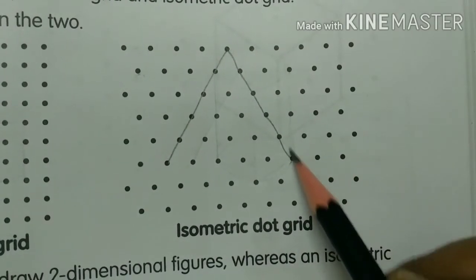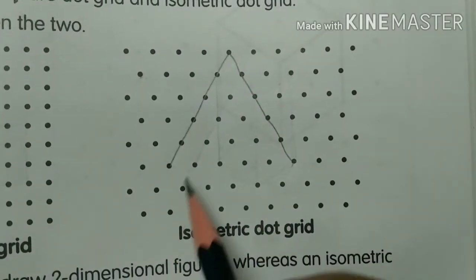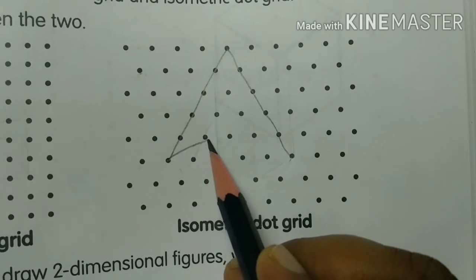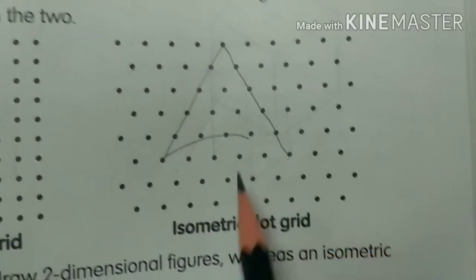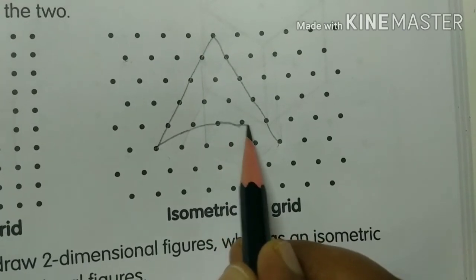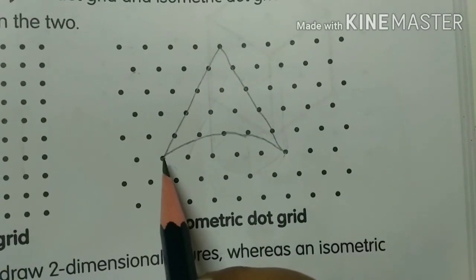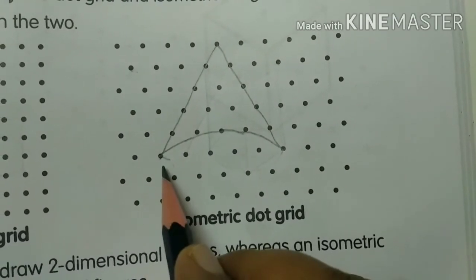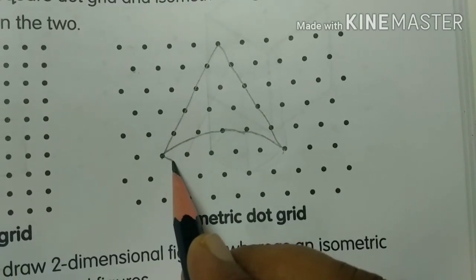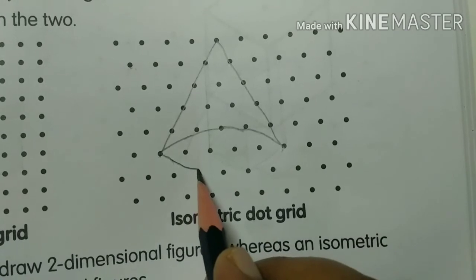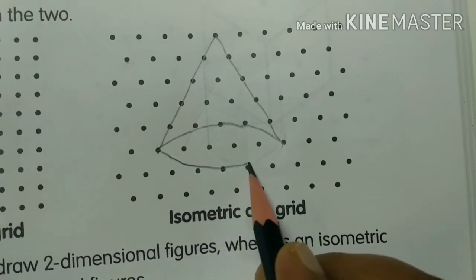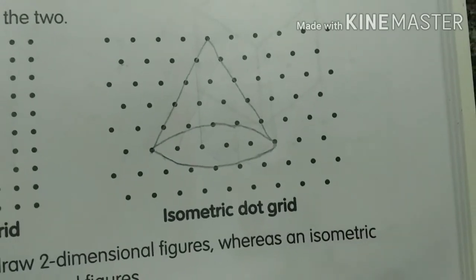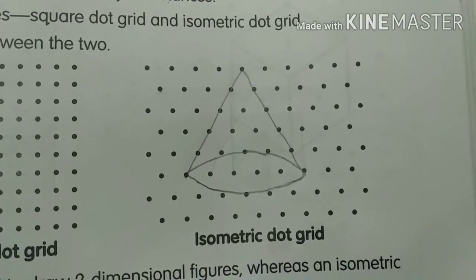Here also 6 points. Then join like this. This is a cone.